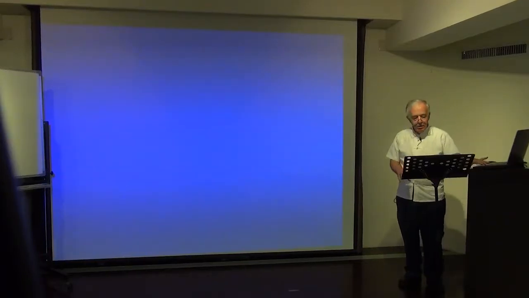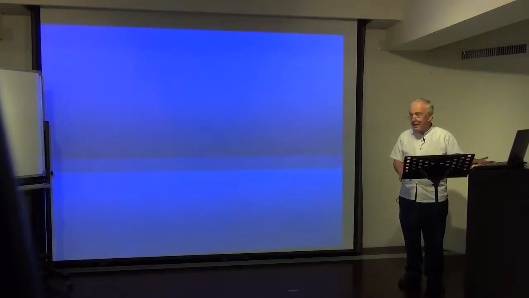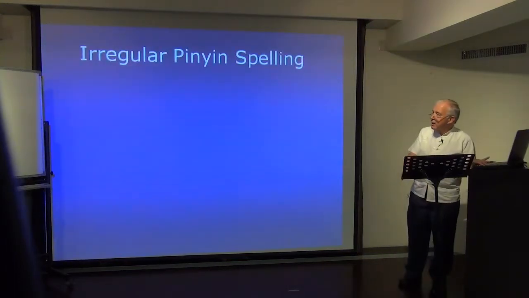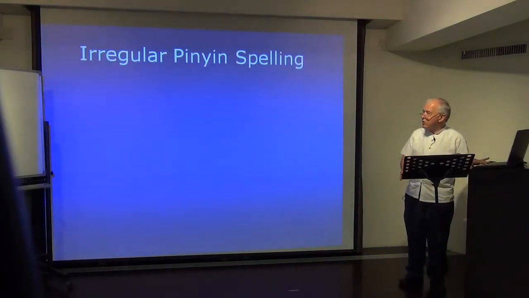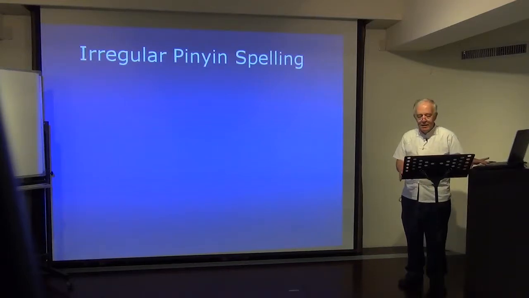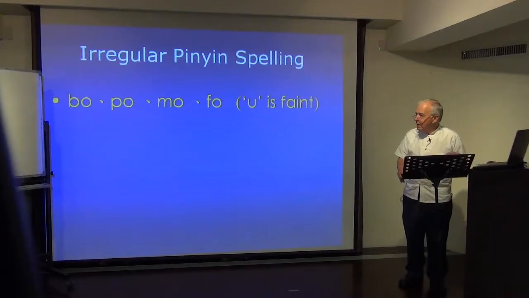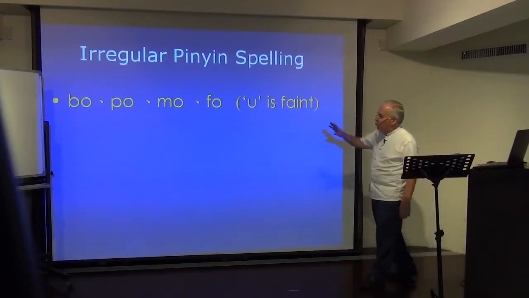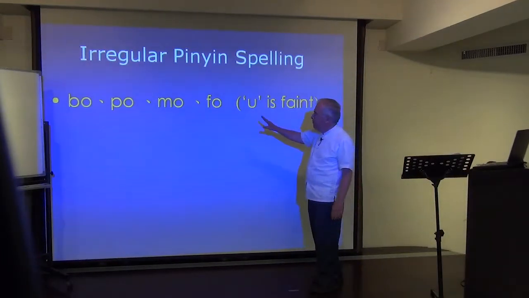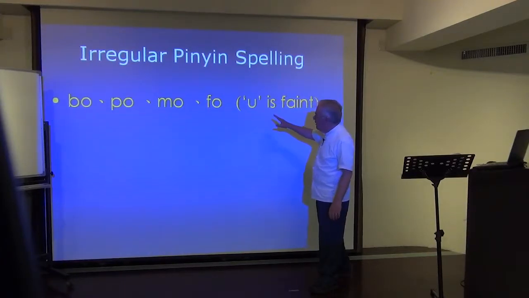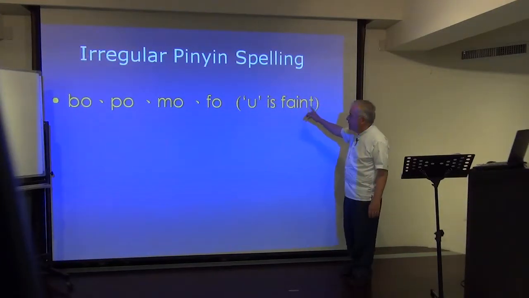Okay, now let's look at some other aspects of teaching Chinese pronunciation. Firstly, as regards the pinyin, let's look at some irregular pinyin that we need to help our students be clear on. If you notice, with b, p, m, f, or bo, po, mo, fo, there's no u in the spelling.